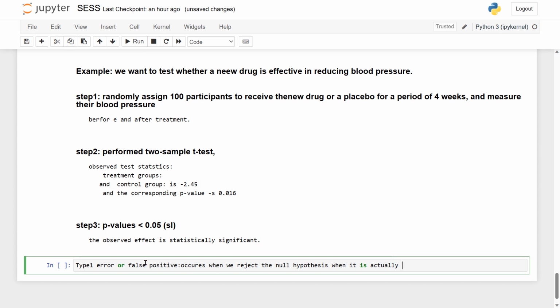That's it. So that's why we say false positive. Type 1, it's actually true, it's actually positive, but you're rejecting it. It's a false positive. So when we reject the null hypothesis when it is actually true, this means that we conclude that there is a significant effect or difference when there is not.